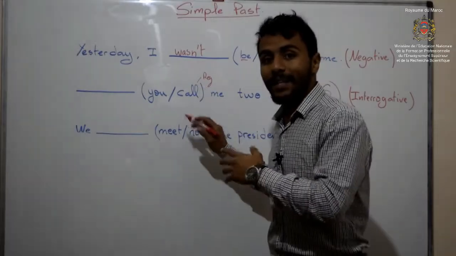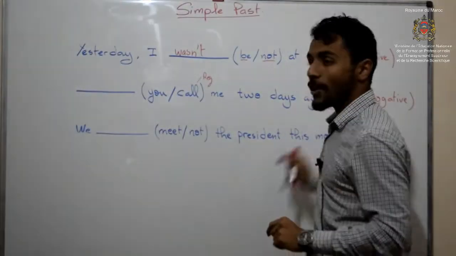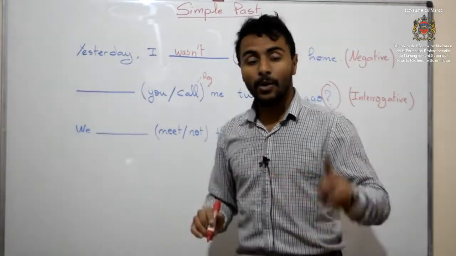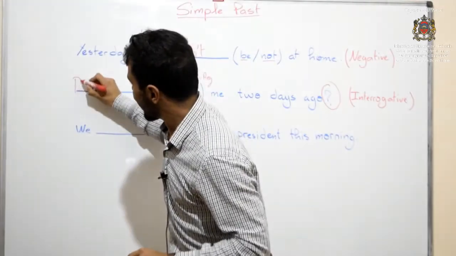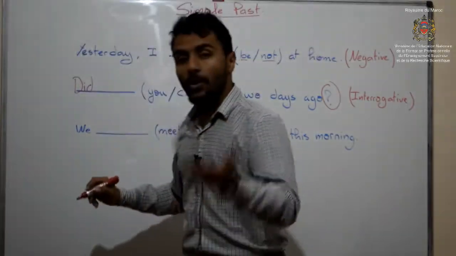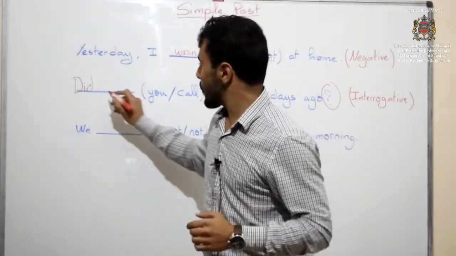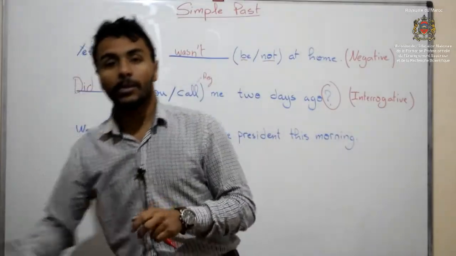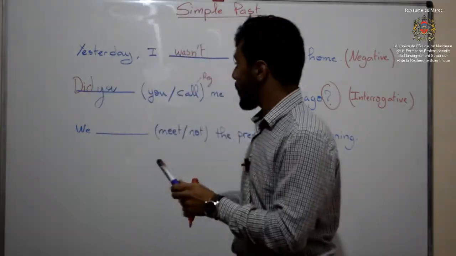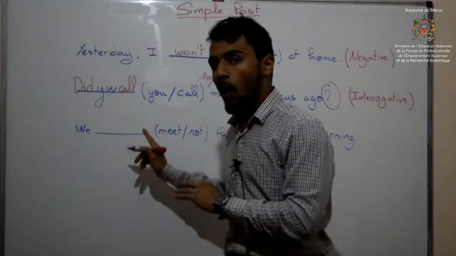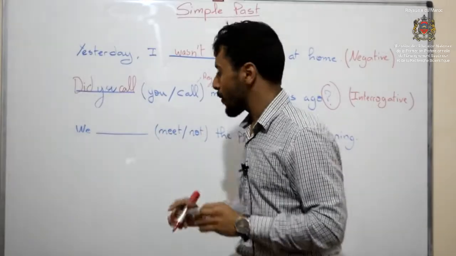So you're going to add ed, but you have a question. You don't need ed now. You just need did. When you go back to the lesson, you will understand why we use did. Did plus the subject, you, and the verb, call. Call, not called.